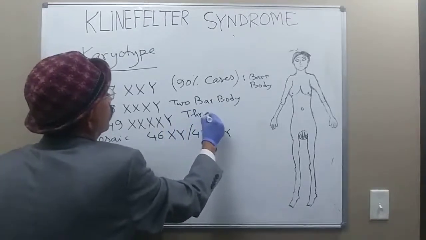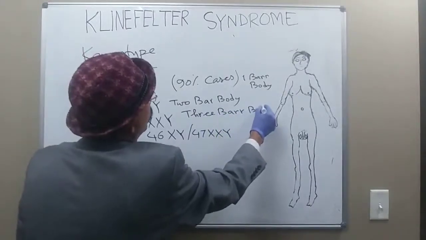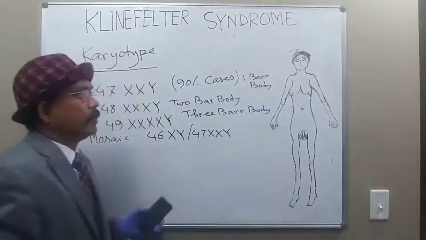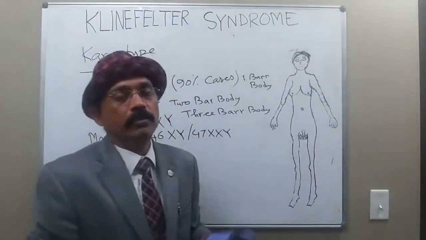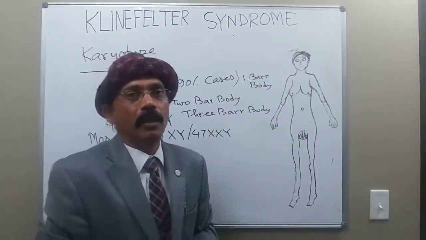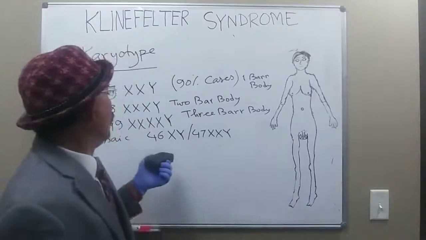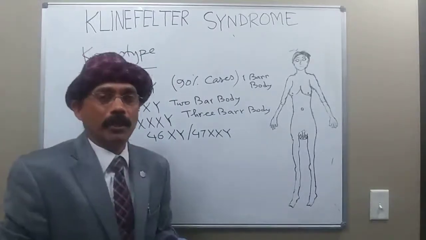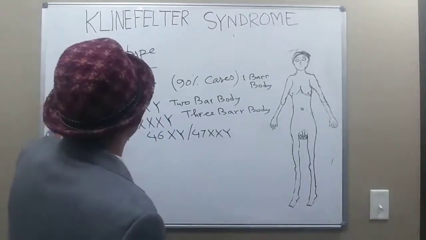So we know that part. In Klinefelter syndrome, the patient is phenotypically a male, and a 46XY person should not have any Barr body. Okay, so we got the karyotype.